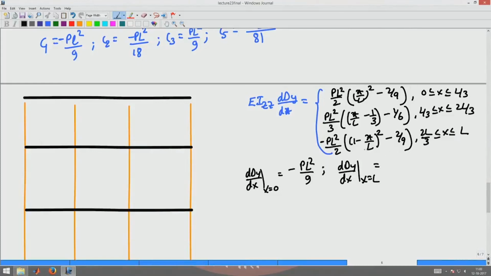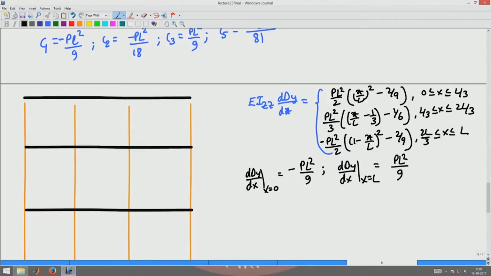Substituting in this equation x equal to L, I will get that this is nothing but PL square by 9. They have the same magnitude, but opposite in direction, because one rotates in the clockwise direction whereas the other one rotates in the anti-clockwise direction. It will be evident when we draw the deflected shape.